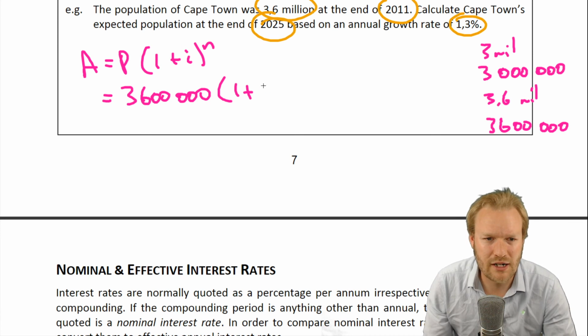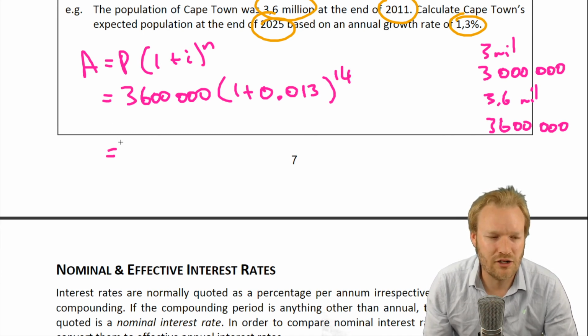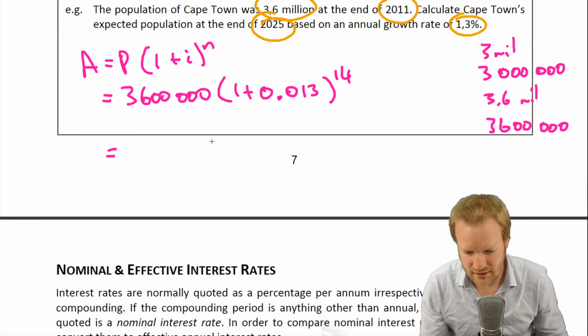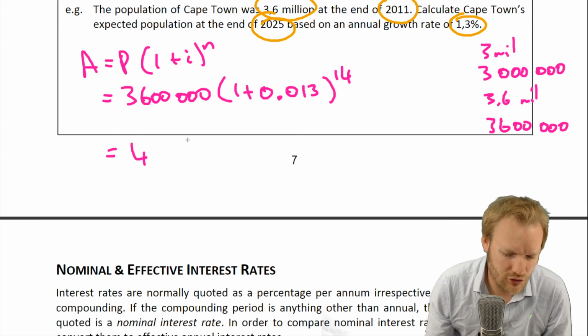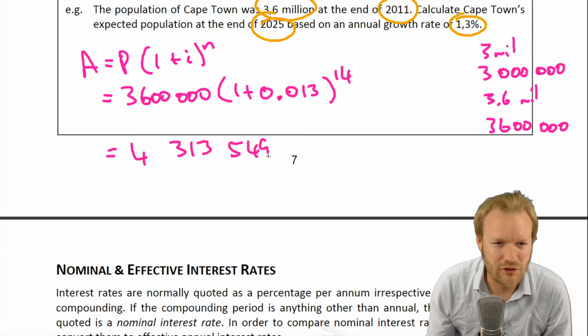Plus I, no, we know what I is. 1.3%, so 0.013, because 0.1 would be 10%. N, well, this was the whoop-de-doo part, right? 2011 to 2025, 14. So into our calculator, and we get 4,313,549.